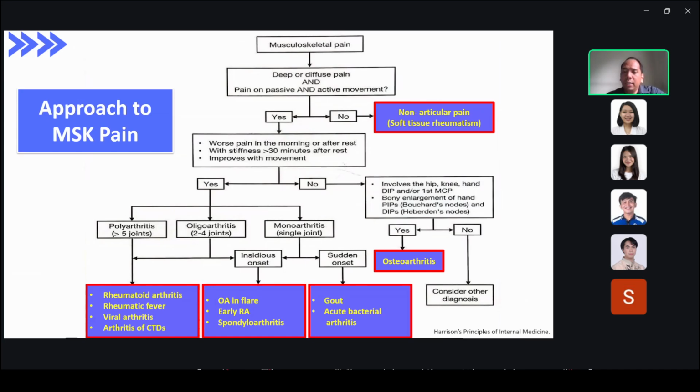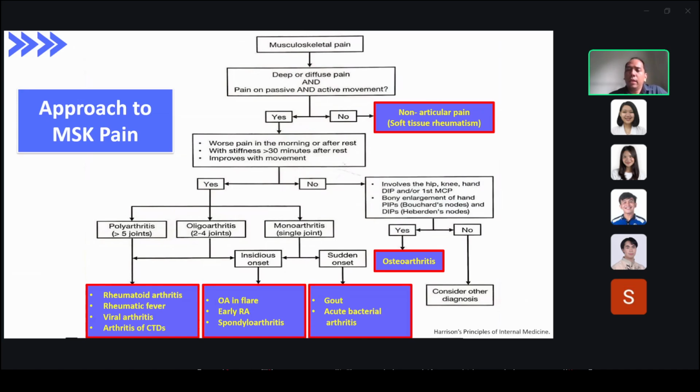So think of osteoarthritis, early rheumatoid arthritis, or spondyloarthritis. And then monoarthritis, if only one joint is affected, it can also be sudden, meaning acute, or insidious or chronic. So for the sudden onset, think of gouty arthritis or any cause of acute bacterial arthritis.